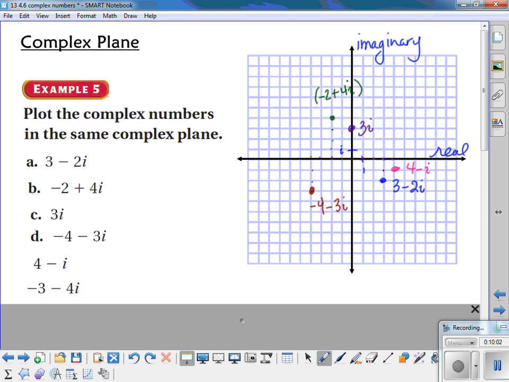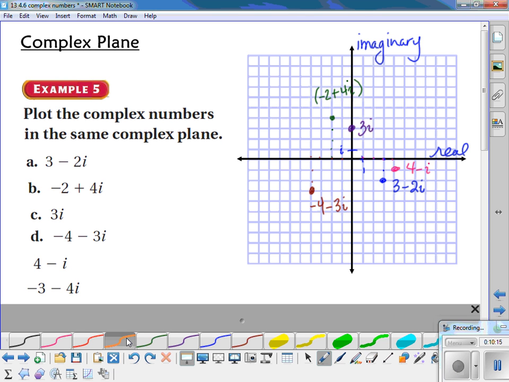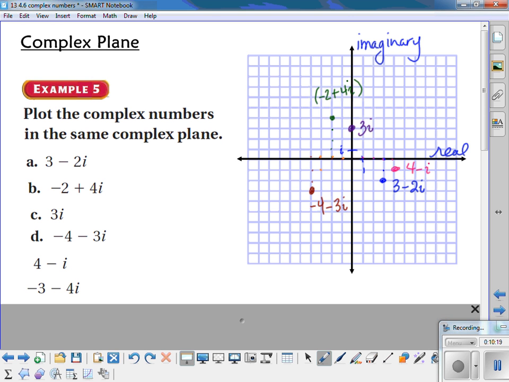Negative 3 minus 4i. All right, so for that one we went backwards 3, 1, 2, 3, and down. All right, so now that you got that down.